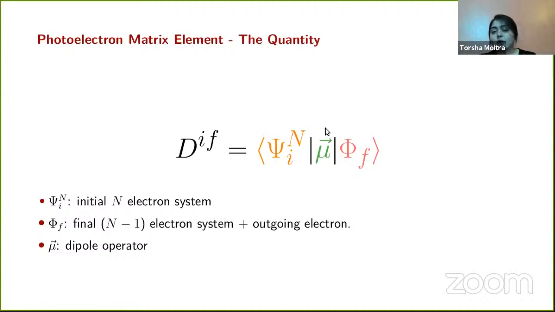Two slides before, I had shown the essential components for describing the process. And here, this simple expression has them all. Psi_i and the n-1 electron bound state is the description of the bound state. The description of the outgoing electron is a part of phi_f, and the incident photon is described by the electric dipole operator mu.